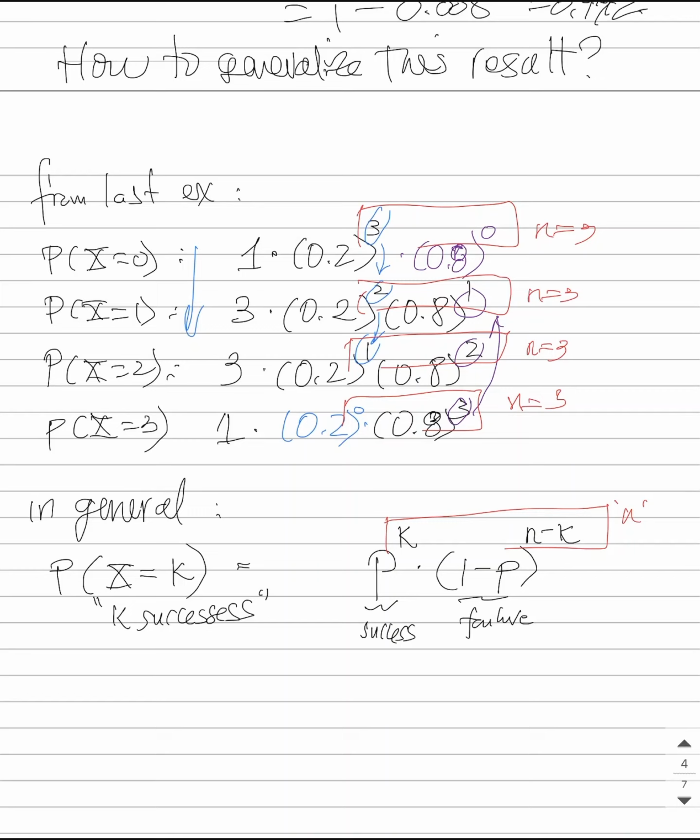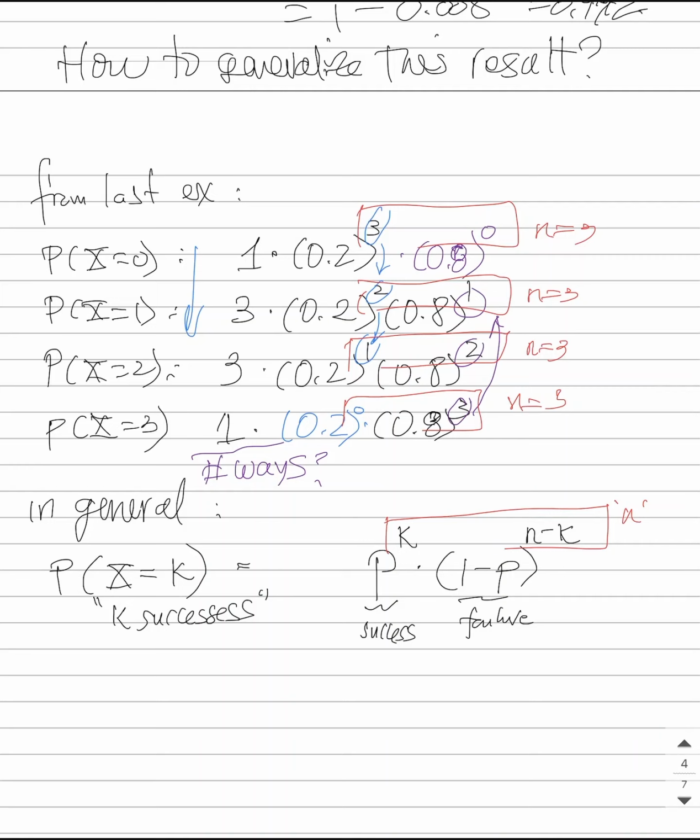So going through each individual branch is pretty straightforward. You just have to figure out how many successes are in your branch, multiply the little p by that value, and then the 1 minus p by the opposite value. What is a little bit more work is the number of ways you can do something.